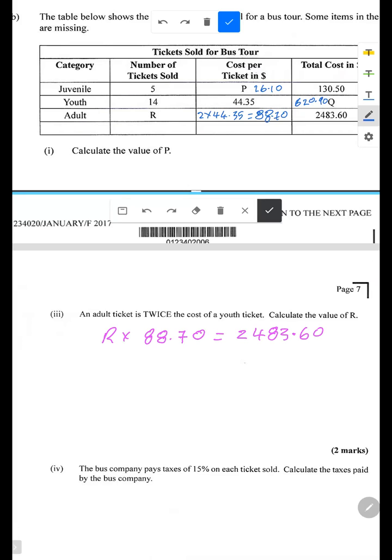Understand that? Work out the adult tickets. The adult ticket cost is 2 times 44.35, which basically gives us the 88.70.